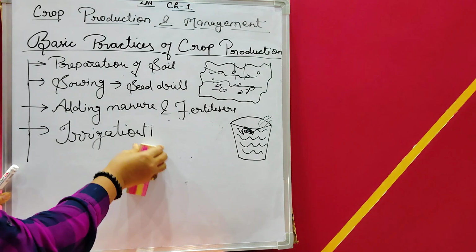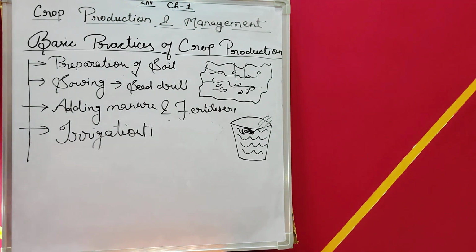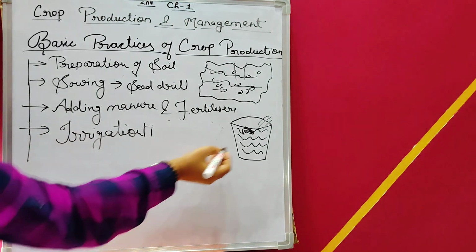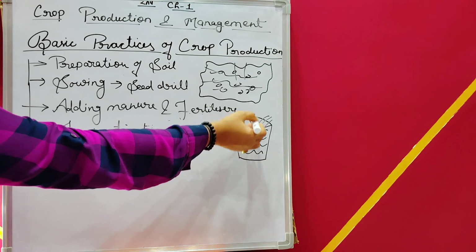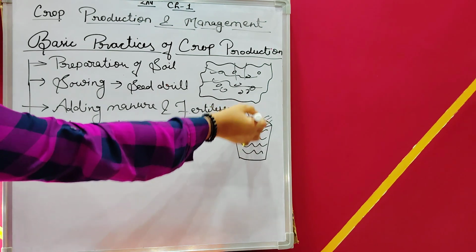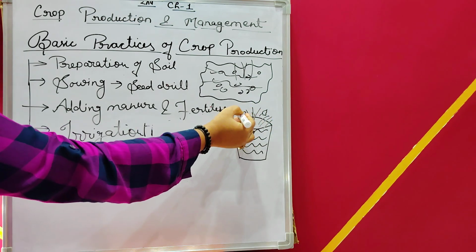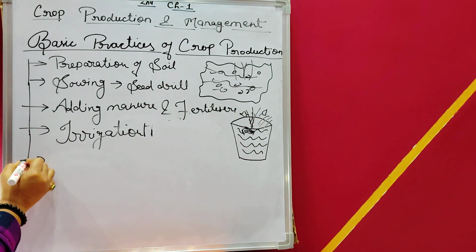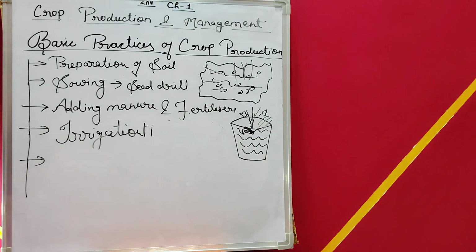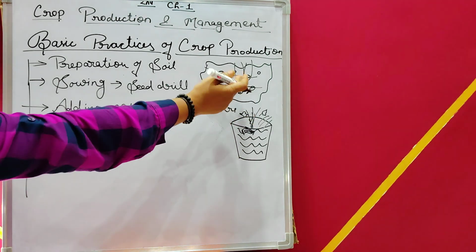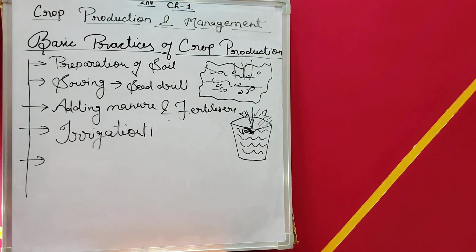I think so. After that, you can see the plants are growing now, right? After that, what is the next step? If you can see, there are some undesirable plants also grown along with the crop.